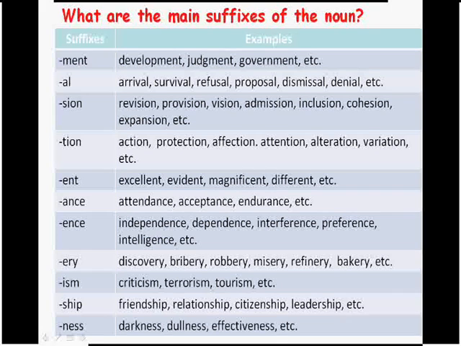The other suffix is ance, like attendance, acceptance, endurance. So we have attendance, it comes from the verb attend. And if I add ance at the end, then it is attendance, acceptance, endurance.